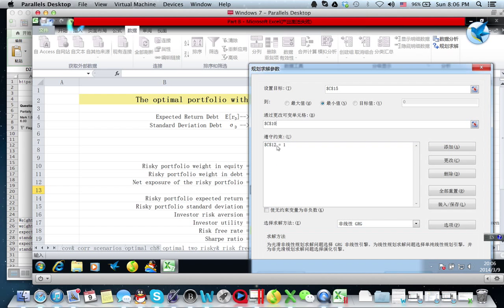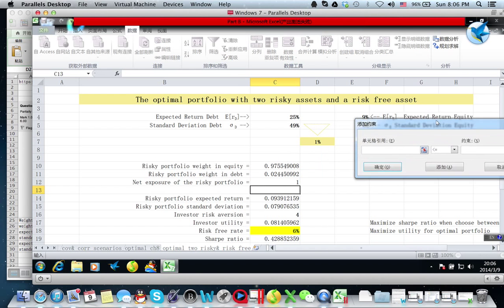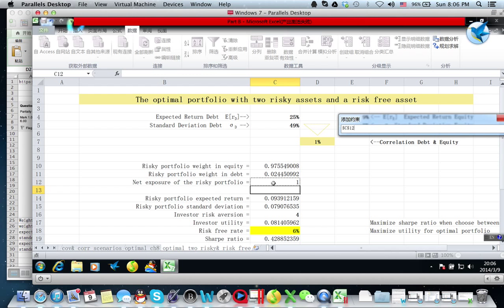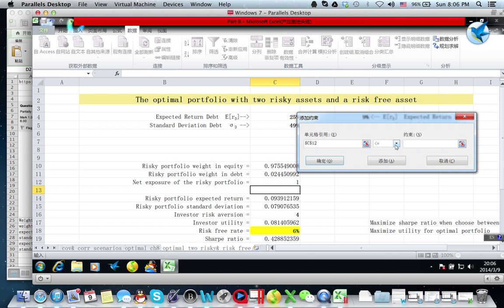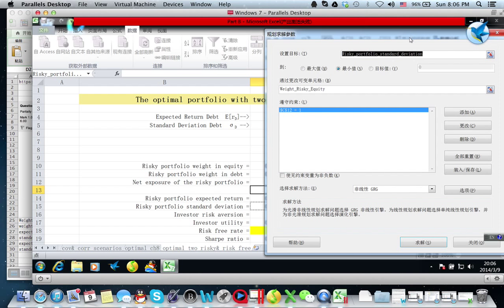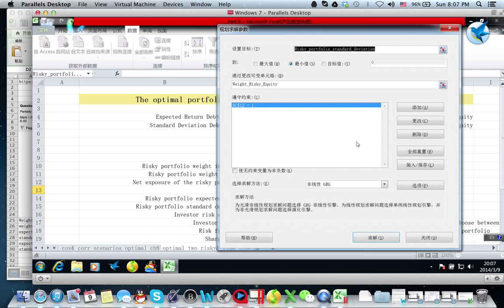And also we need to add a restriction where we want to set net exposure of the risk portfolio equal to 1. Oh, I already have it here, so it doesn't allow me to do it twice. Then we click solve.